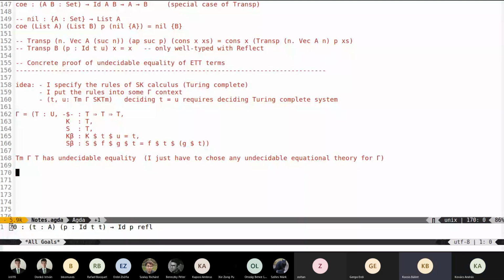And how does this relate to equality reflection exactly? So the way it relates is it's only undecidable if we have reflection.